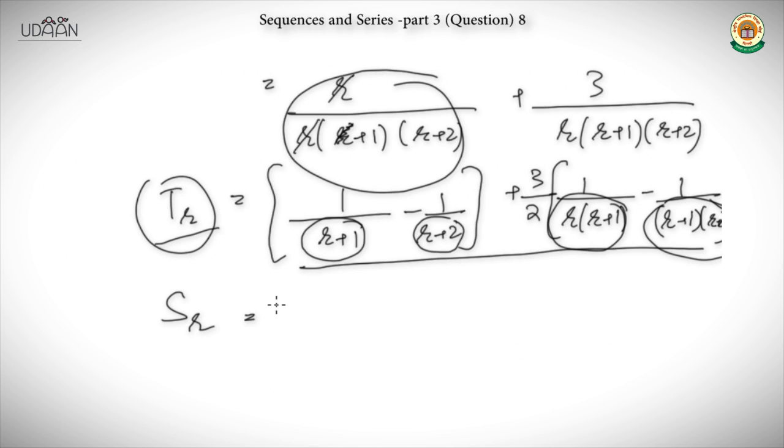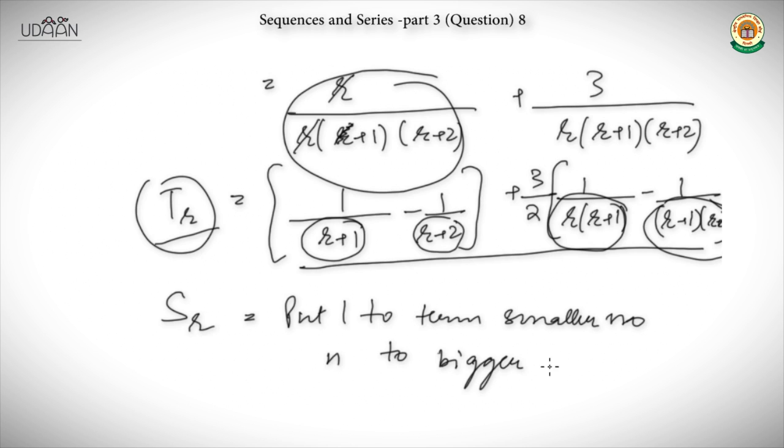How? We just put 1 to the term-wise smaller number and n to the bigger one. For example, here to this we put 1, and to this we put n.